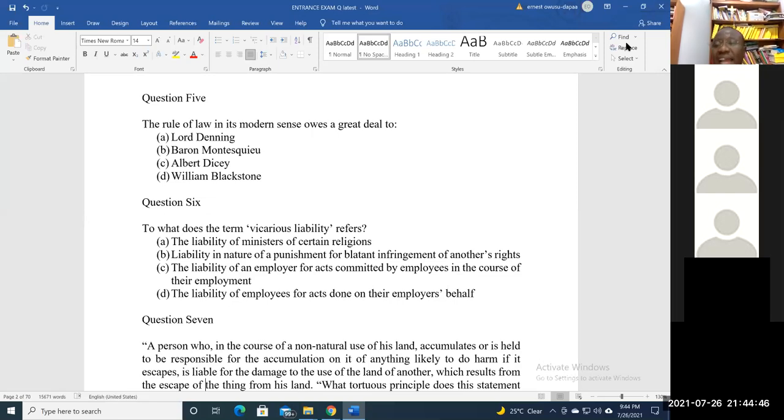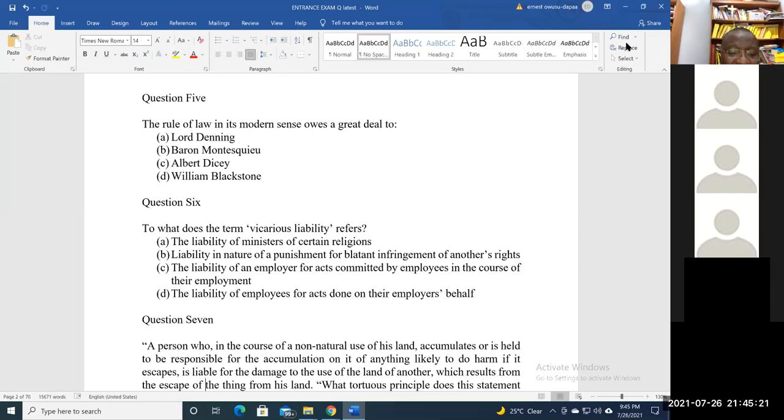But if an agent commits a wrong or a tort in the course of his agency, it could be attributed to the principal. The same thing applies to a servant. If a servant is attending to the affairs of the master and he commits a wrong, that can also be applicable to the master. But an independent contractor, no, because he is his own boss, as it were. So he will bear personal liability or responsibility.